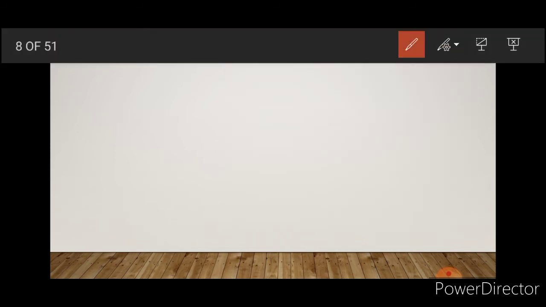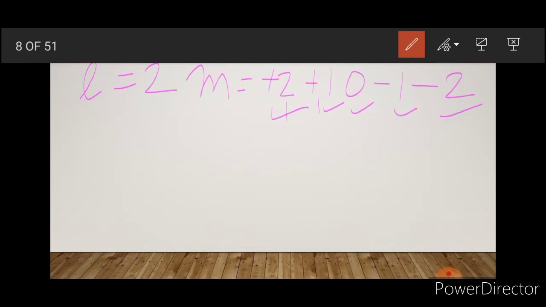What will be the value of M? M will be plus 2, plus 1, 0, minus 1, minus 2. That is 1, 2, 3, 4, 5. From here it comes 5 orbitals.